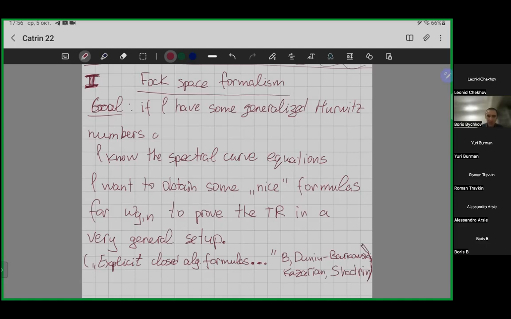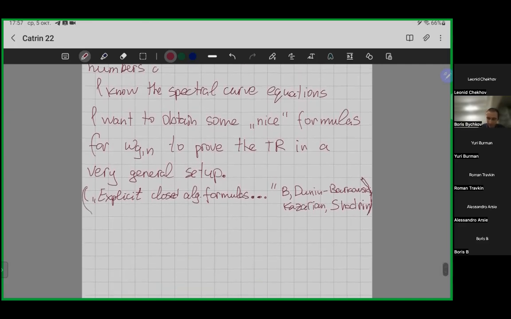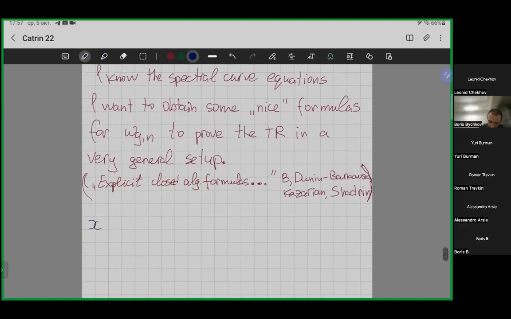And as I said, we know the equations of the spectral curve, and now we have x of z equal to z times e to the power minus psi of y of z, and y of z is in general any formal series.